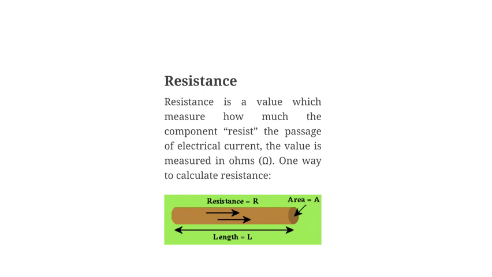If you have a wire, then the wire has resistance R and the current is flowing. This also depends on the length of the resistor you placed and the area of the resistor.